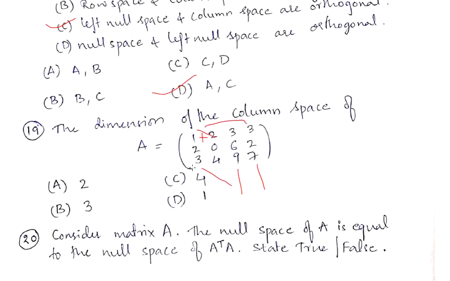Okay, so these are the two unique columns which will form the dimension of the column space. So answer is A, 2.